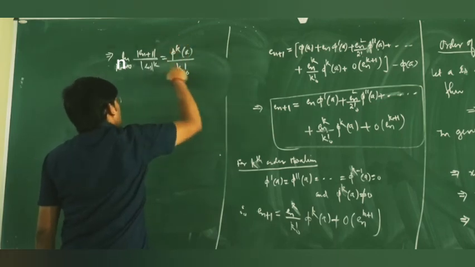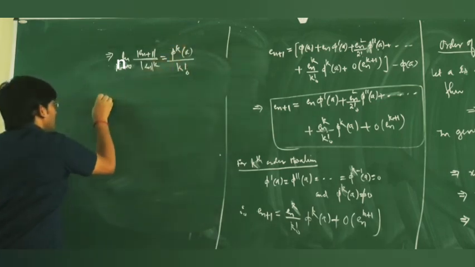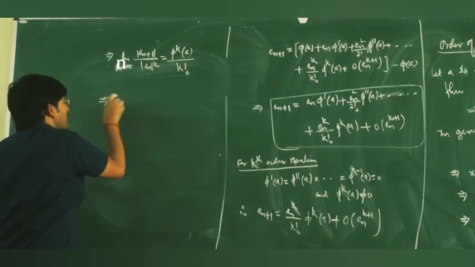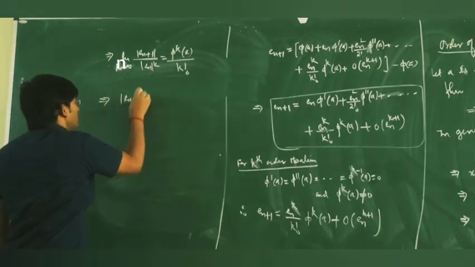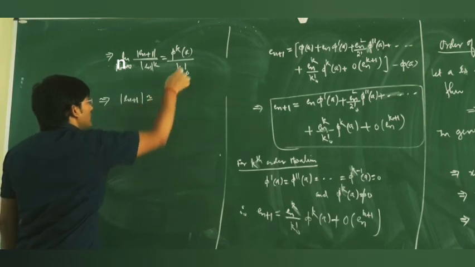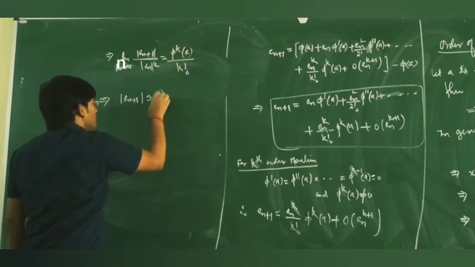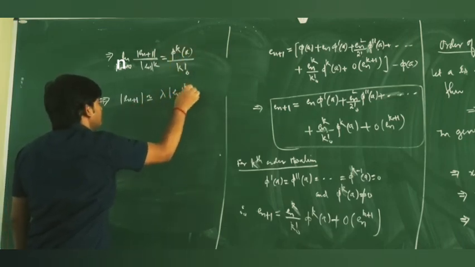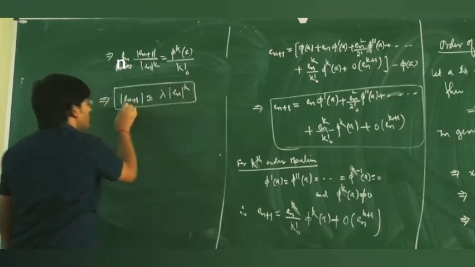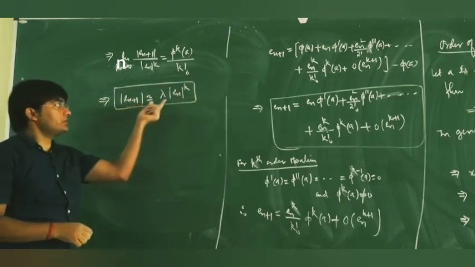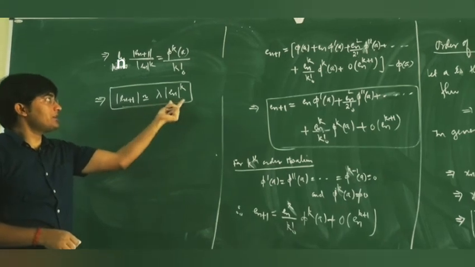Now if you take this right hand side as lambda, then e_{n+1} is approximately equal to lambda times e_n power k.